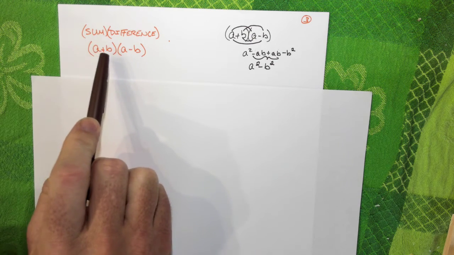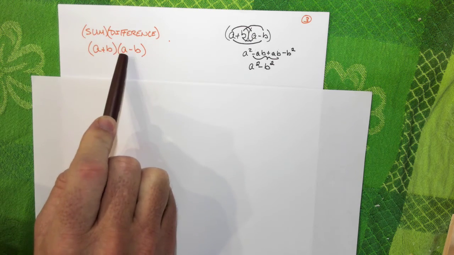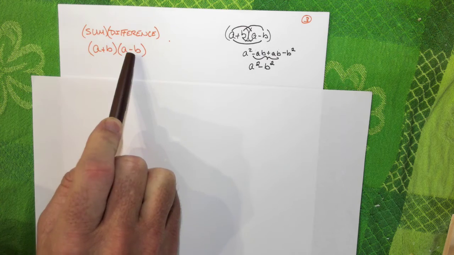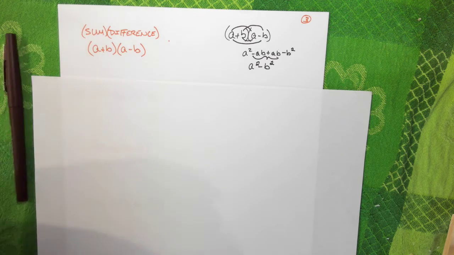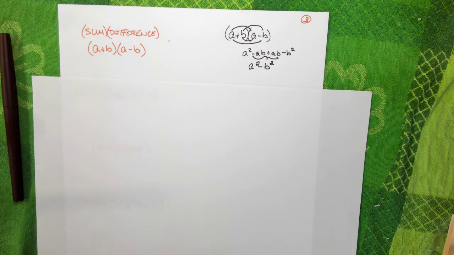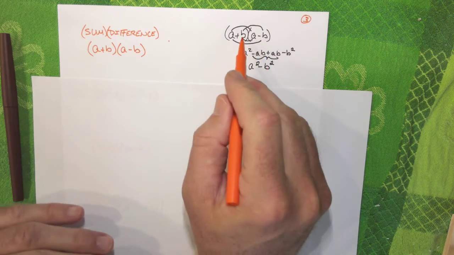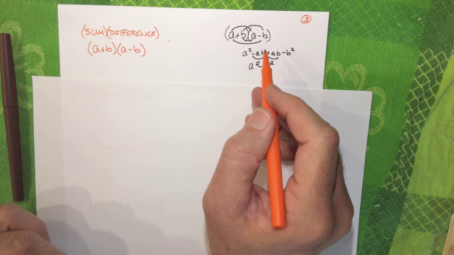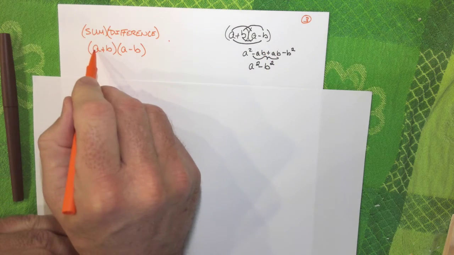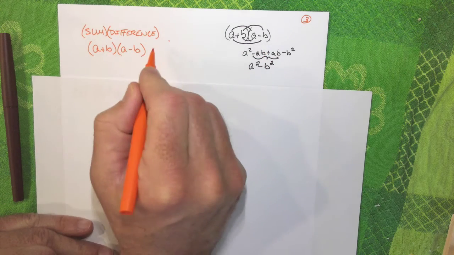So the point of this one here is if you recognize a sum and a difference, and again, exact same term, one's negative, one's positive, all the other digits and stuff are the same, you can cut to the chase, and that is forget the inners and outers of FOIL. Just take the first term, which is a in both of them, and square it.